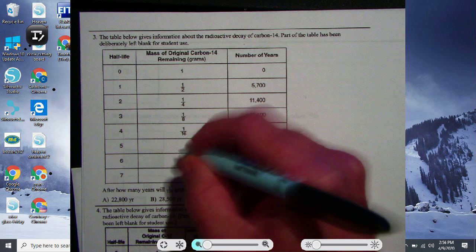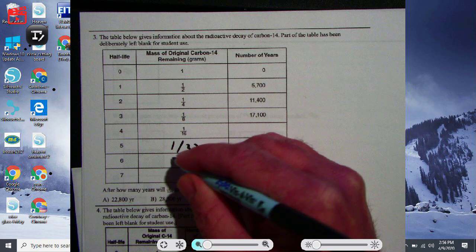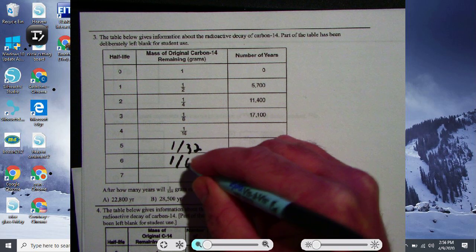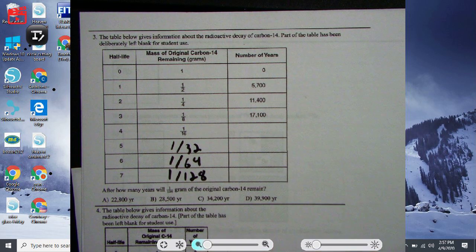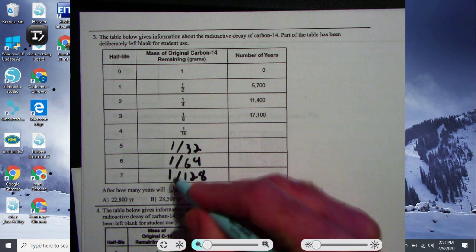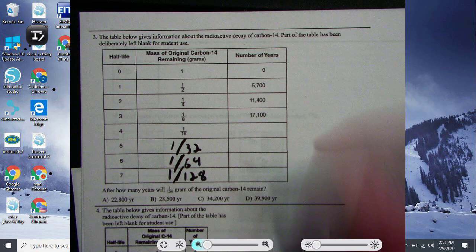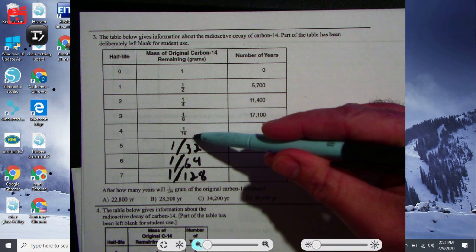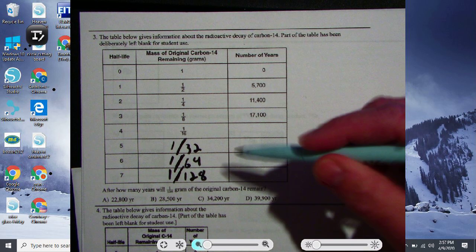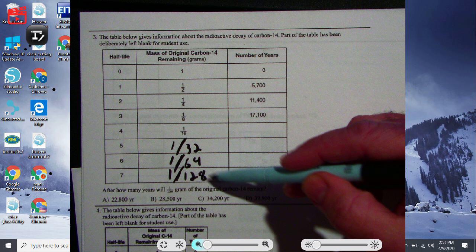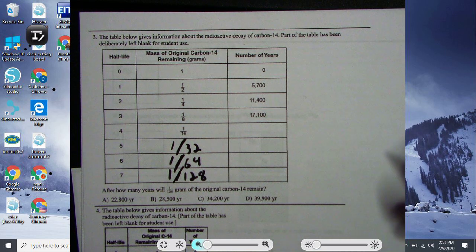So this here would be 1/32nd, 1/64th, and 1/128th. Okay? Sorry, I'm trying to make this so you can read it. There are your fractions. So notice again, we're doubling the denominator. 1/16th, 1/32nd, 1/64th, 1/128th. So we're looking here at this. Now, we can answer this question 2 ways. Okay?